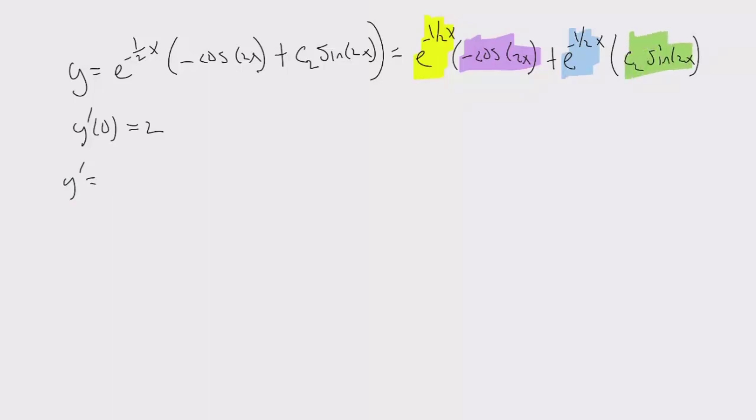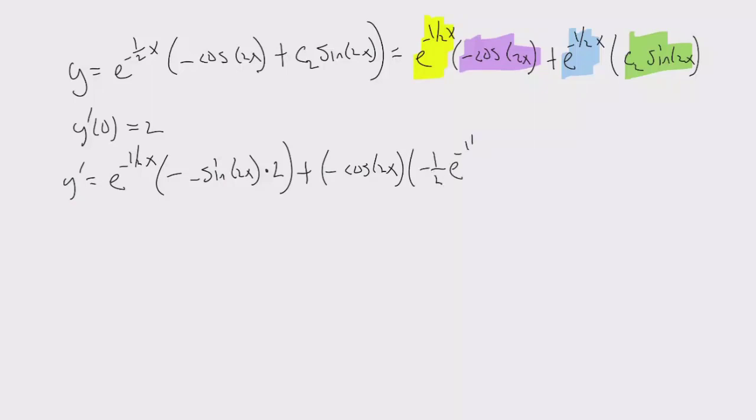Okay, so I want the first, so e to the -1/2 x times the derivative of the second. So derivative of negative cosine, well, derivative of cosine is negative sine. So negative sine of 2x times 2 because of chain rule. And then I want the second, so negative cosine of 2x times the derivative of the first, which is -1/2 e to the -1/2 x.